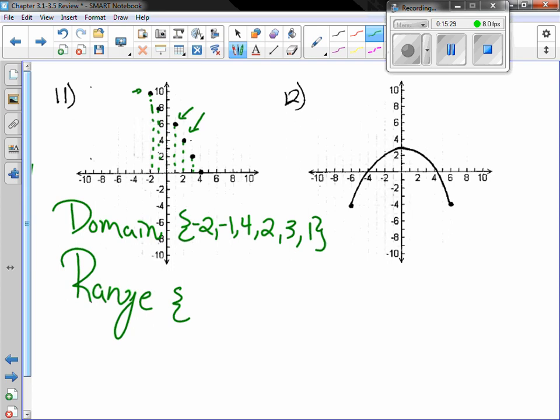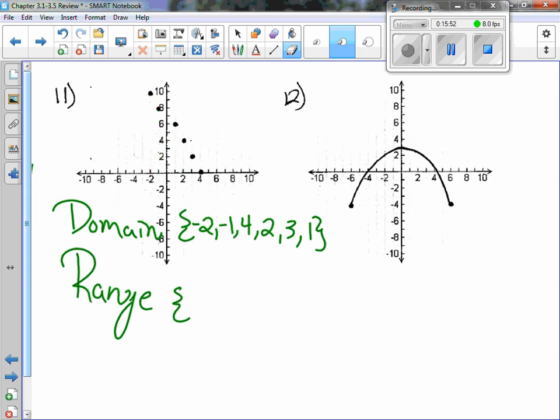So the order really doesn't matter. According to number theory, they would really want it ordered from smallest to biggest, -2, -1, 1, 2, 3, 4. But this is fine. It doesn't matter. Okay, so that's the domain.